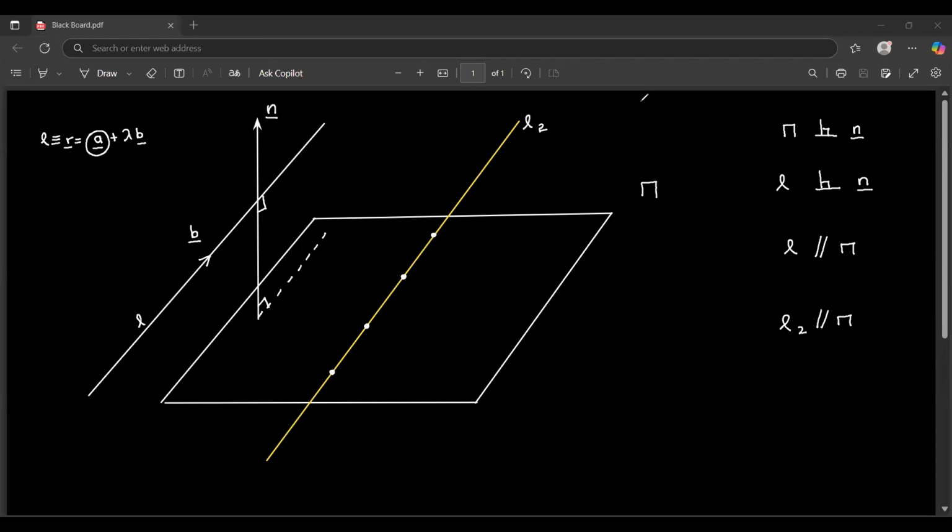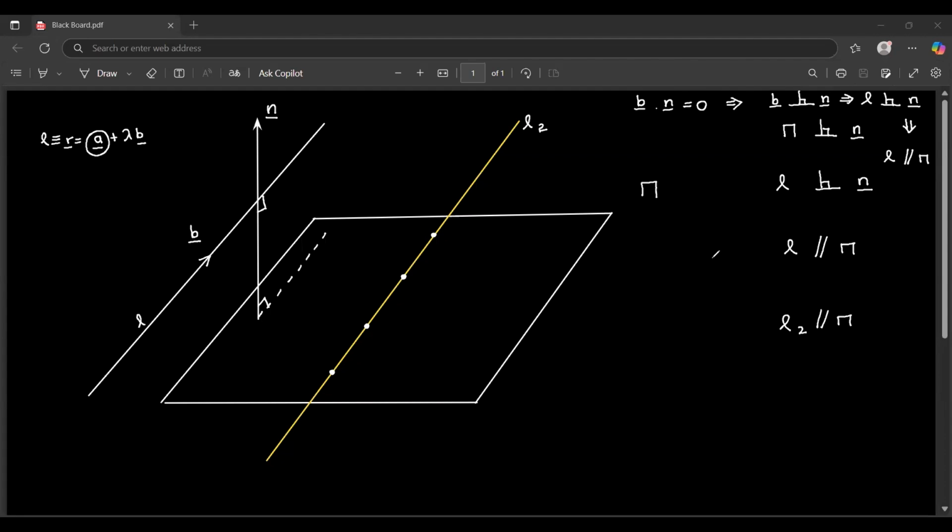So how do we find this? If b dot n equals 0, you can say b is perpendicular to n, which implies L is perpendicular to n, which implies L is parallel to pi.